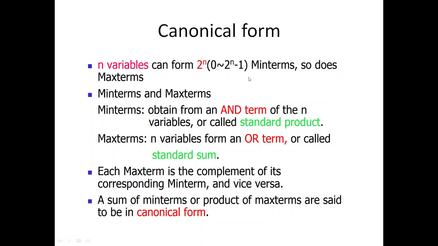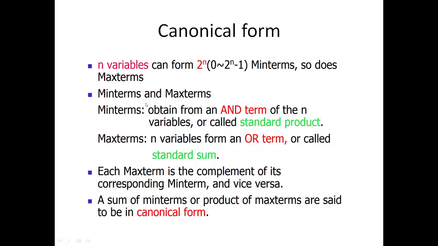Similarly, 7 can be represented in 3-bit representation as 1 1 1, and for that 1 1 1, the min term representation is x, y, z. This is what we have to consider for min terms and max terms.